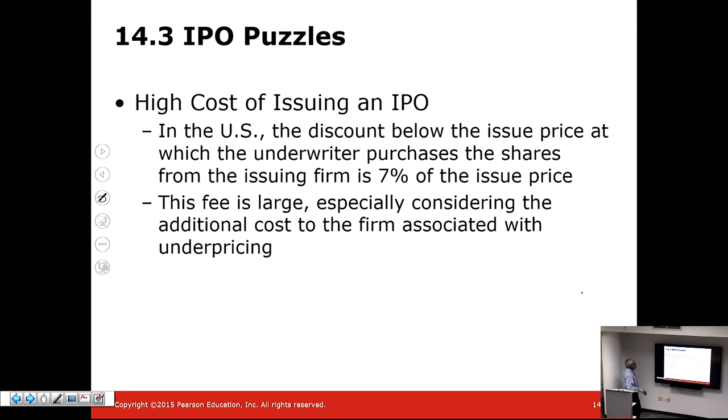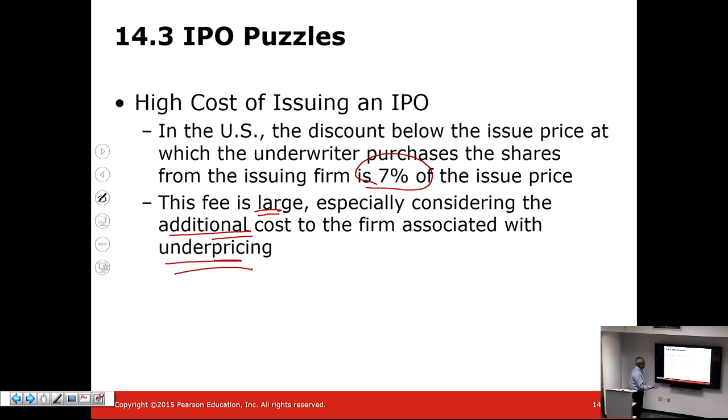There is the cost of issuing an IPO. The discount below the issue price, about 7%, is the discount that goes to the underwriter. This fee is large because this is not the only fee that the firm is paying. There are additional costs associated with underpricing.